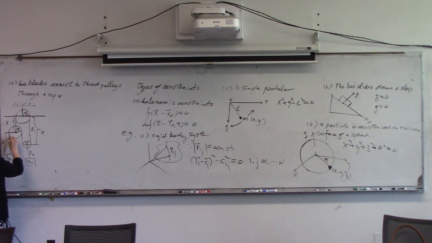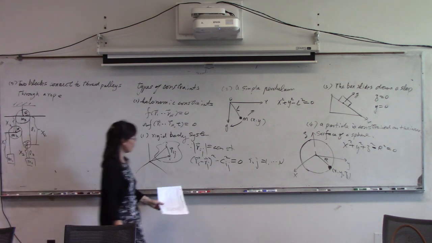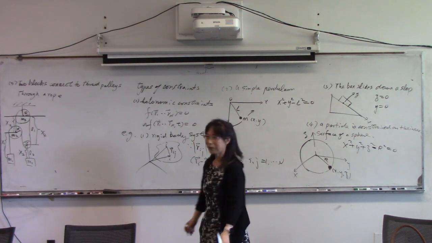This is given m3, m4, x4, and this one, x2. All right, you can write down.